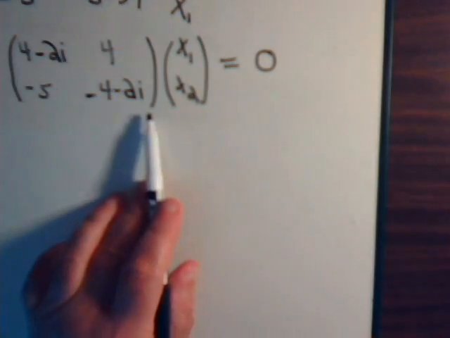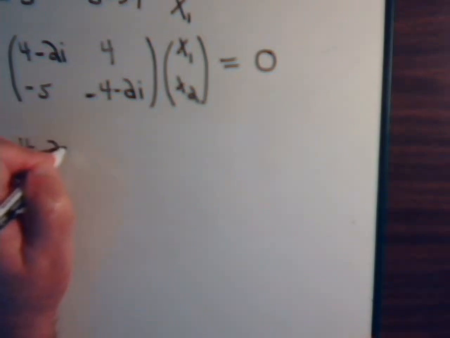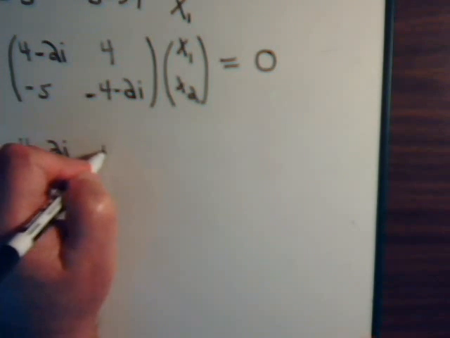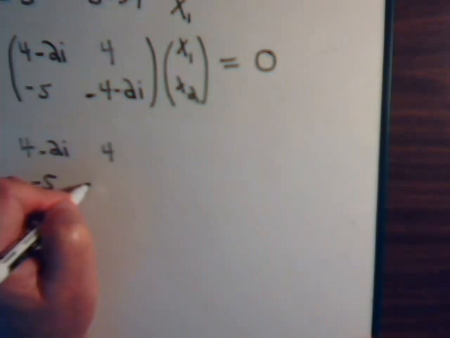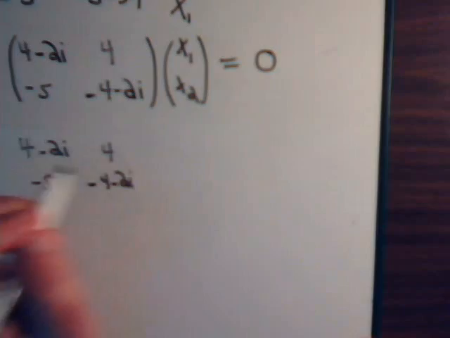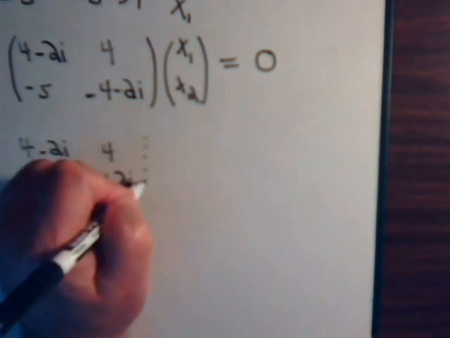So let's look at what we have. Here then we'll write this as an augmented matrix. We have 4 minus 2i. We have minus 5. 4, minus 4 minus 2i, and writing this as an augmented matrix.